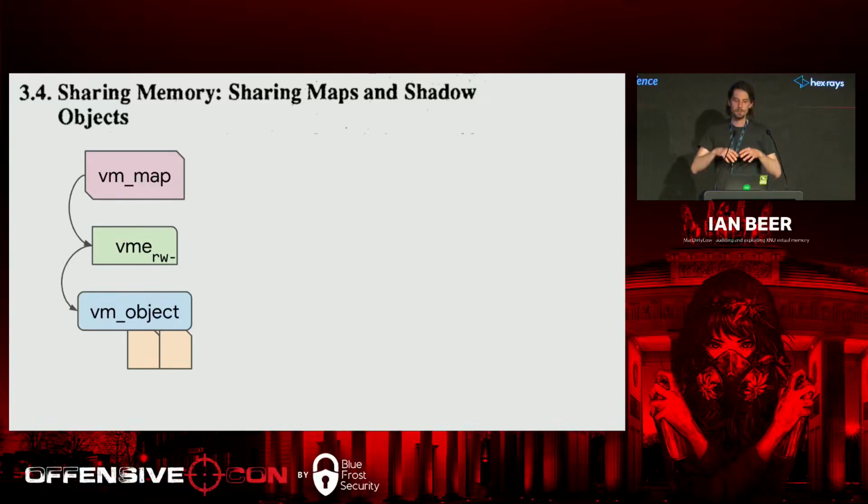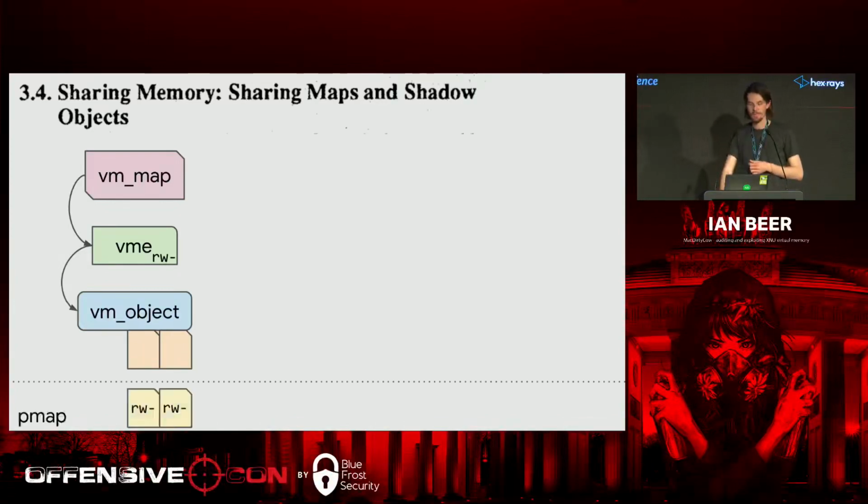All of the protection information is contained on the interface to the VM object, which are the VMEs. So for example, if you have a VME with writable protection, it means you are able to write to this VM object down here.